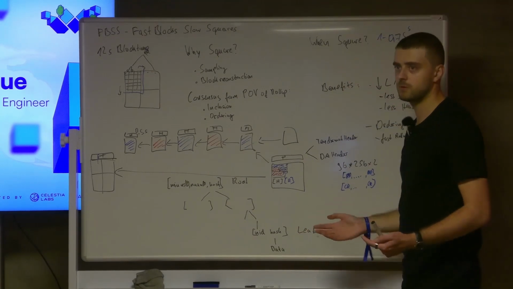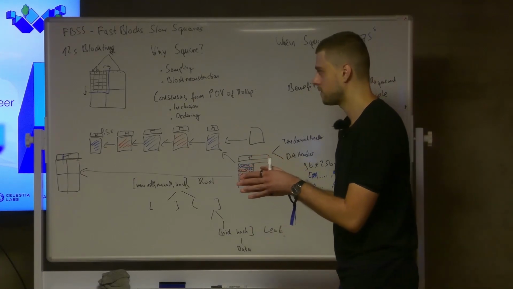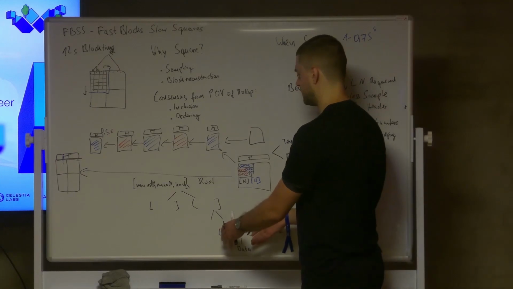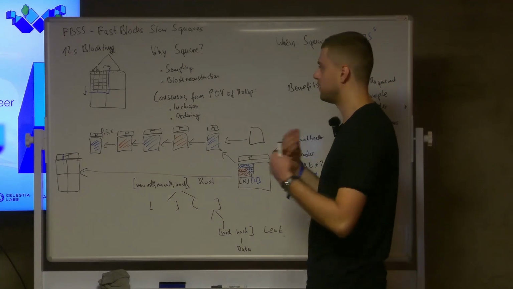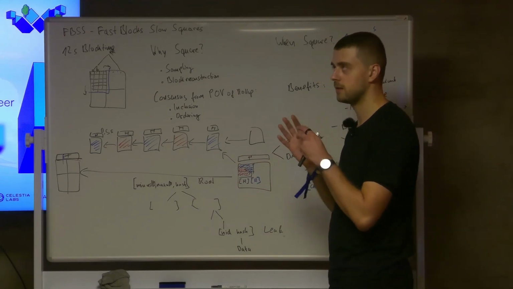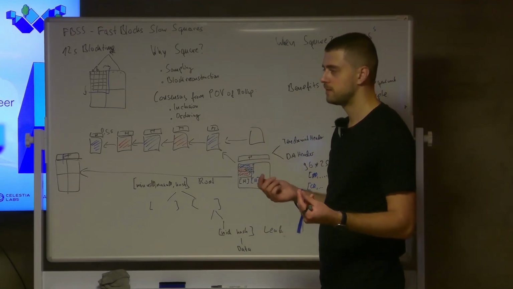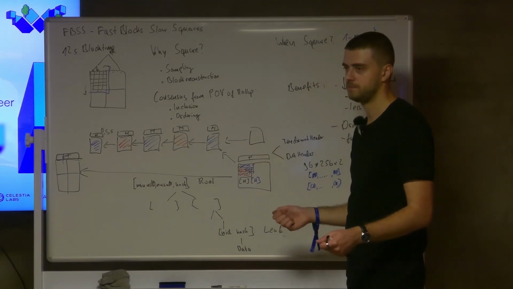What a namespace Merkle tree gives you is you can create range proofs over shares of data. So when rollups download their data from the data square, they can get only their data, and you will get a proof that proves it's only for your namespace.